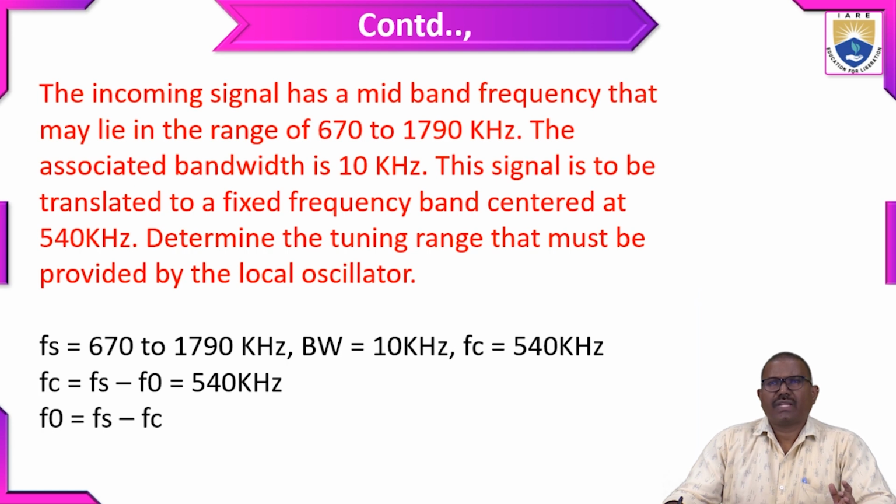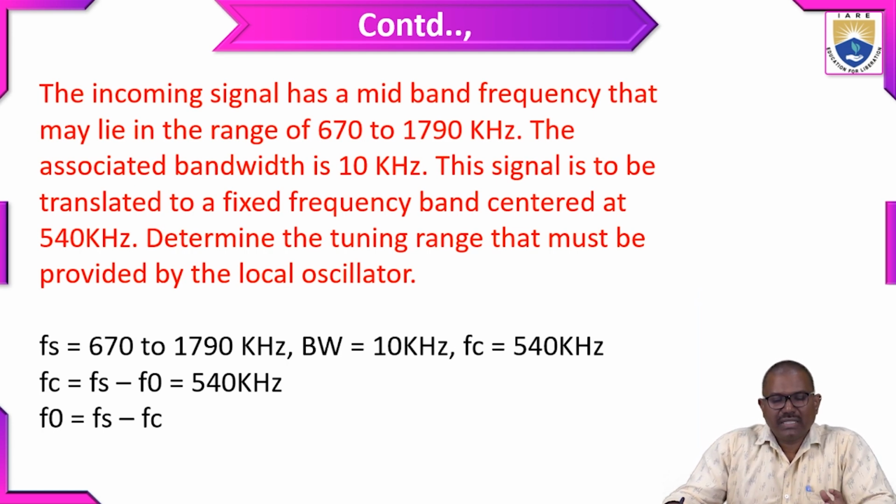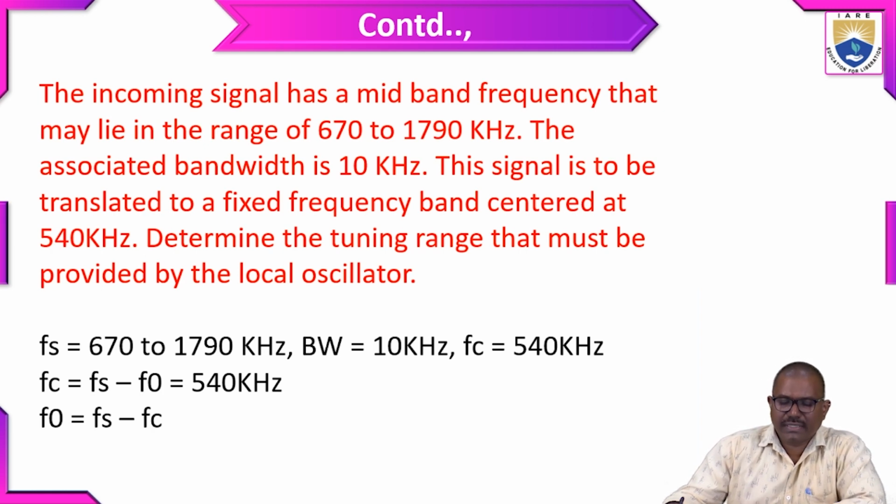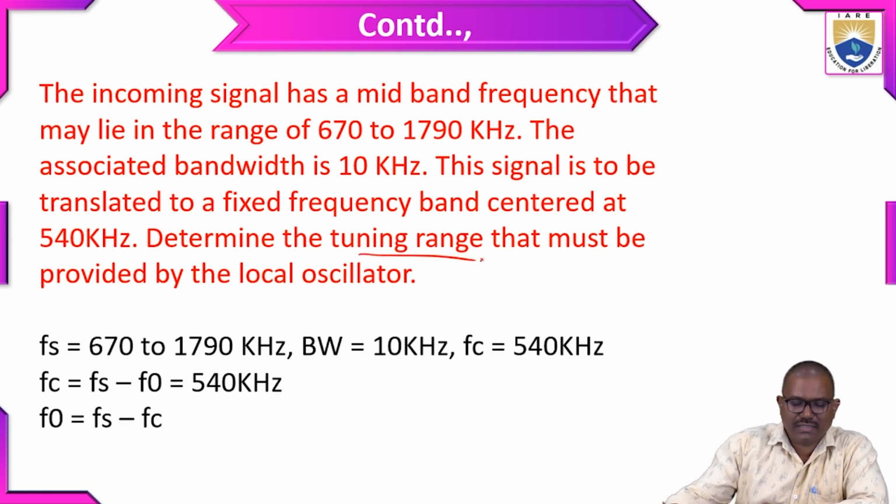Next one: the incoming signal has a midband frequency that may lie in the range of 670 to 1790 kHz. The associated bandwidth is 10 kHz. This signal is to be translated to a fixed frequency band centered at 540 kHz. Determine the tuning range that must be provided by the local oscillator. So here we are going to find the tuning range of that local oscillator.